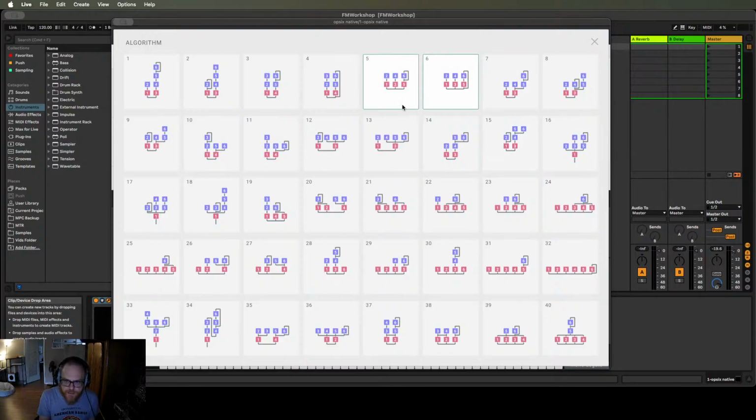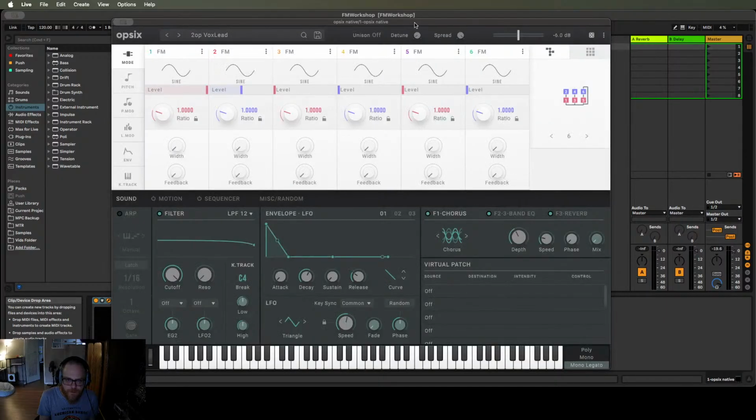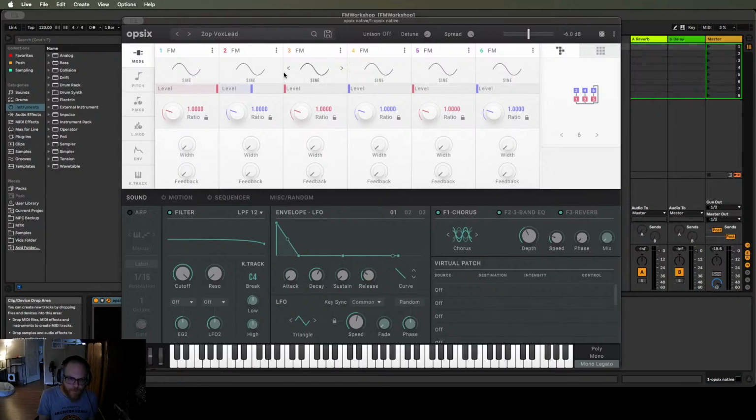But when you are getting started, the thing to do is to work with these 3 stacks of 2 oscillators. This is no more confusing than just doing 2 oscillator voice shapes.